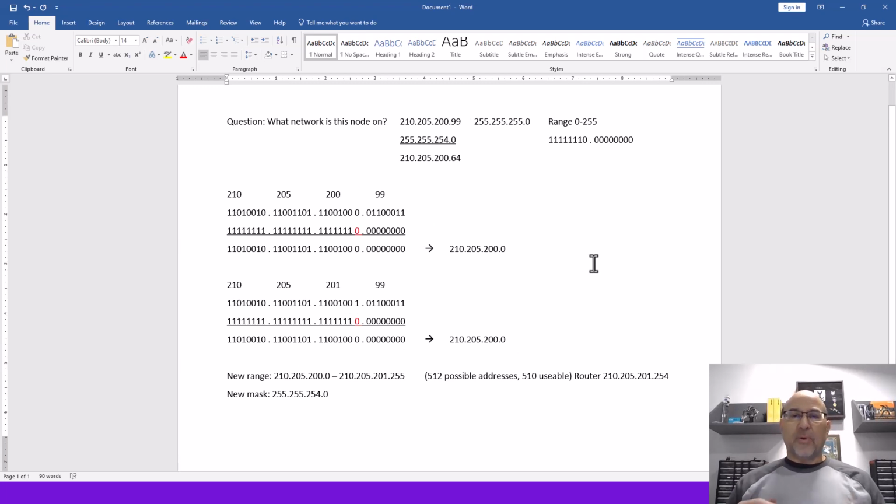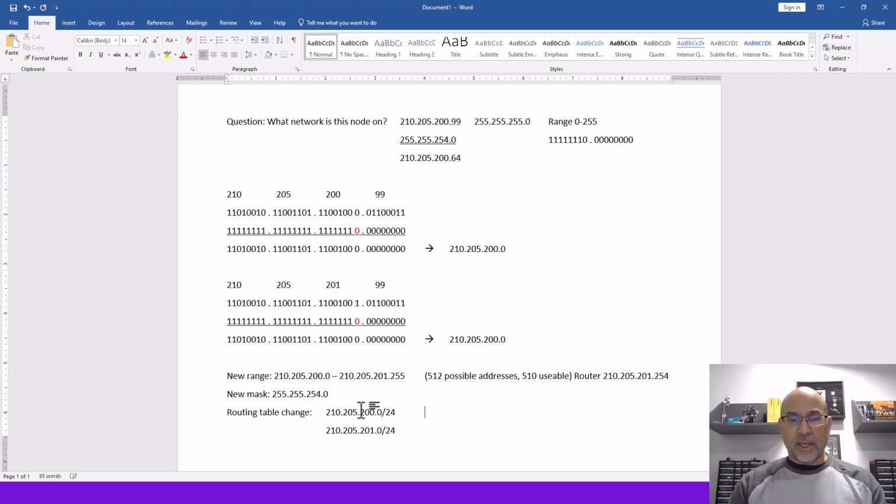So what this would mean from a routing table perspective is that if I had an entry for the 210.205.200 network, this one, and an entry for the 210.205.201 network, let's put it this way, the routing table change: we had 210.205.200.0/24 in CIDR notation, and 210.205.201.0/24.